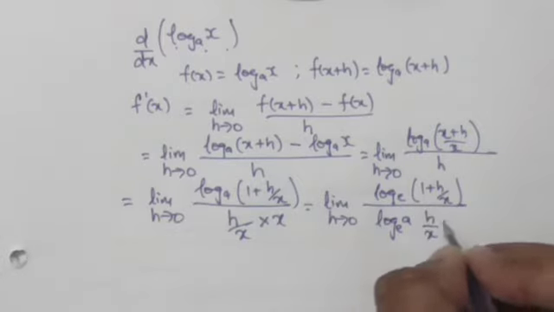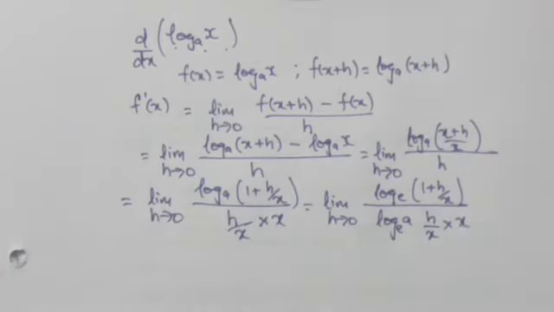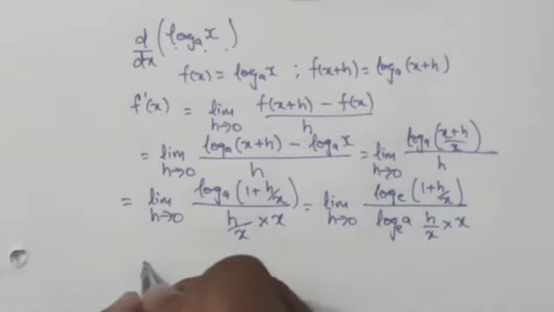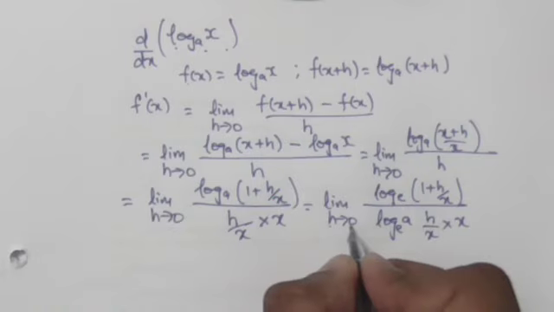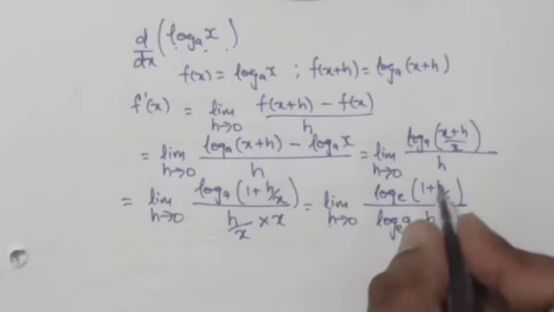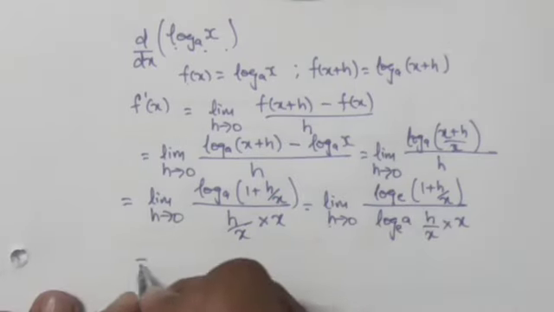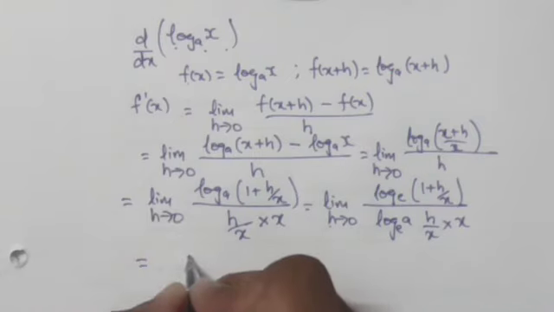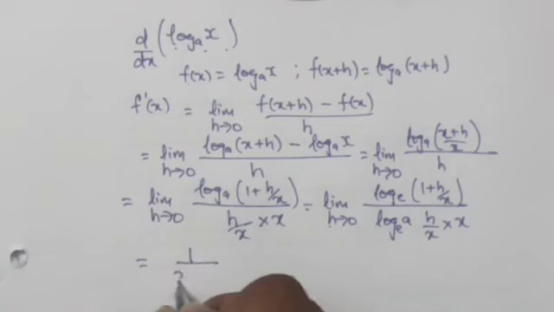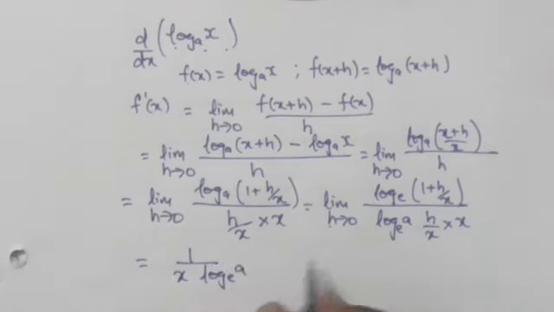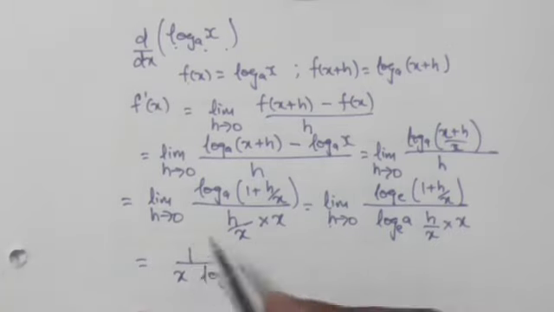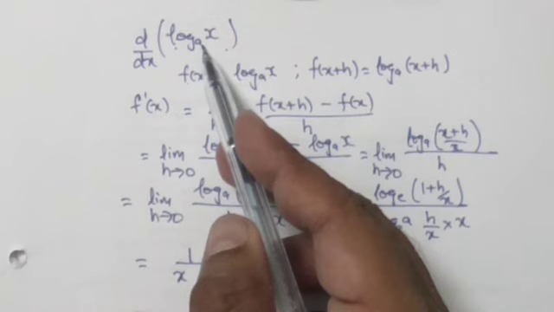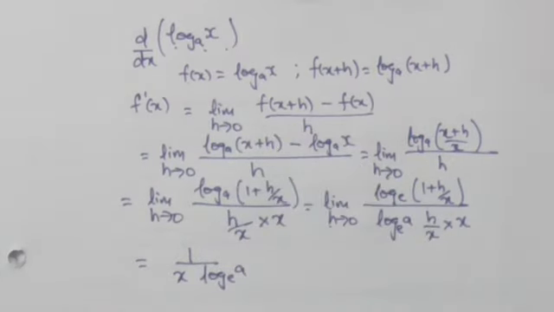Upon (h upon x) into x. Now, since h tends to 0, therefore h upon x will also tend to 0. So we will get 1 upon (x into log with base e a), right? This is the differentiation of log with base a x.